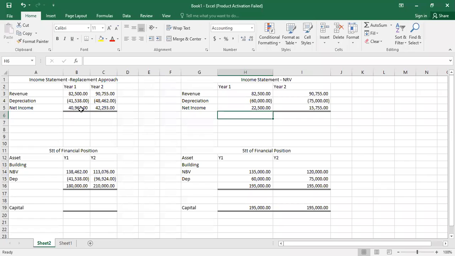Remind me the figure so that we compare the three. The first one, what did we get? Felix, do you have the figure somewhere? For the CPP, the net income for year one was 35 to 50, and then 39,005.